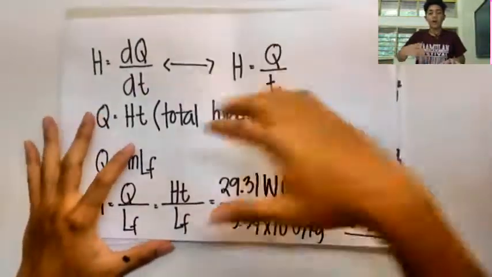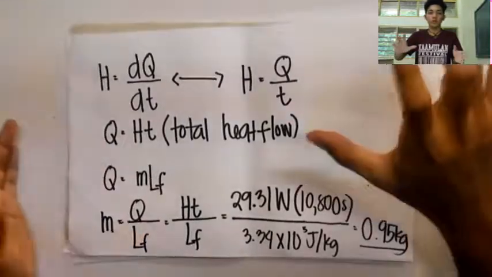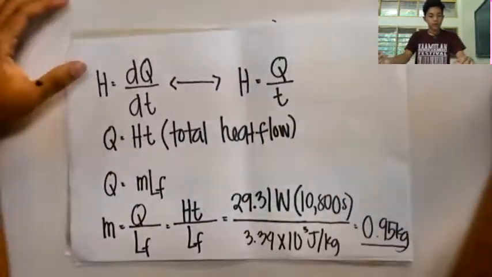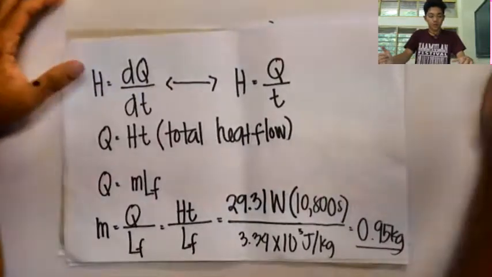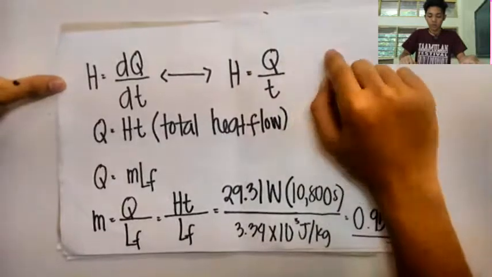For the next question, we find the amount of ice that melts because of the heat entering the styrofoam cooler. So H is equal to dQ over dt. We can arrange it into H is equal to Q over t.